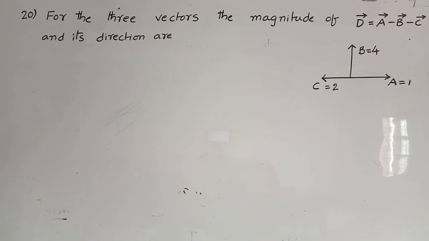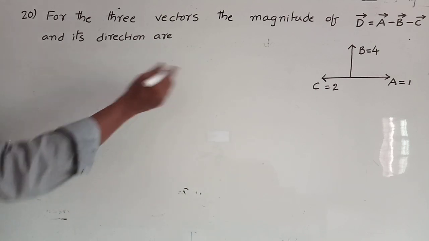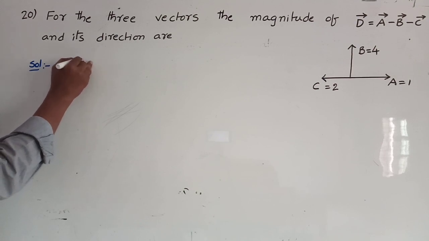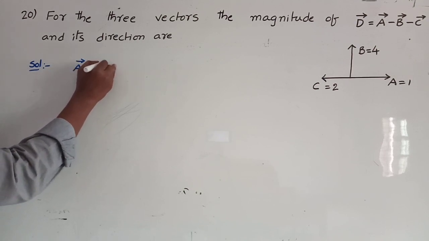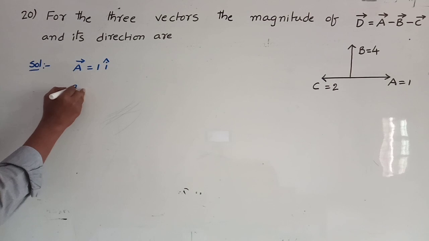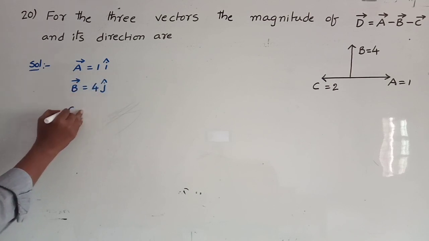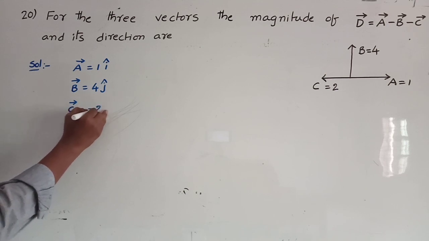Problem number 20. For the three vectors, find the magnitude of d bar is equal to a bar minus b bar minus c bar and its direction. According to the diagram, a bar is equal to 1 i cap, b bar is equal to 4 j cap, c bar is equal to minus 2 i cap.